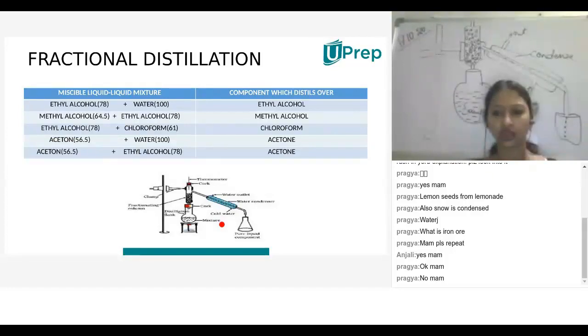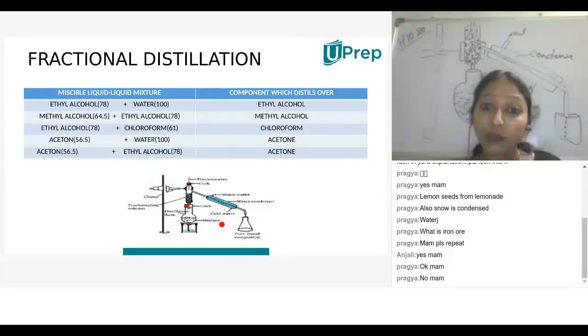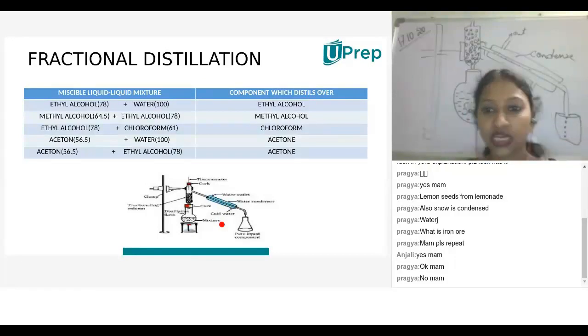Ma'am, may I say a difference between fractional distillation and simple distillation? Fractional distillation is used to separate even when there is a small difference between the temperatures. By using simple distillation, if the gap is less than 25 degrees Celsius between two samples, we can't opt for simple distillation.